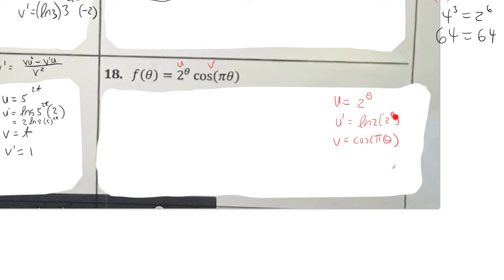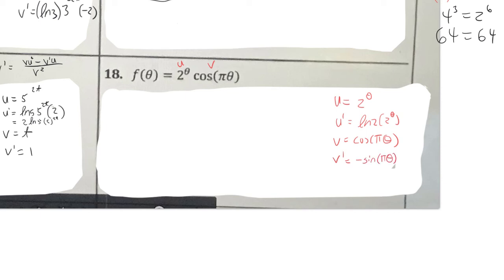This is not a chain rule scenario. Imagine that that was just an x. Well, it would be ln of 2 times 2 to the x, right? So it's not chain rule because that's just a variable. There's not an actual function up here other than theta. So as it pertains to v prime, we are certainly looking at negative sine of the angle.